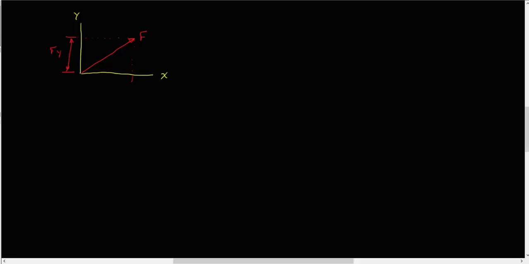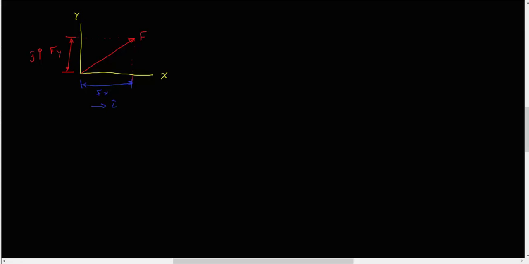And we could say that this here is my force in the x. We could also say that now this direction is my j, and this direction is denoted by my i, or we call it i hat.